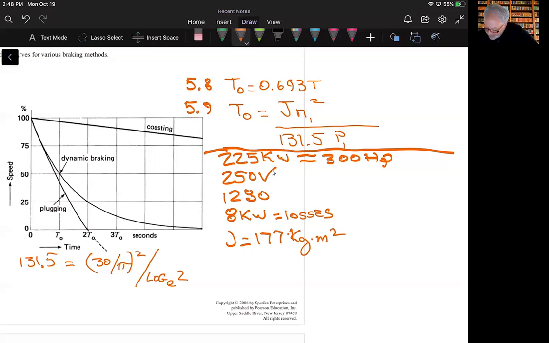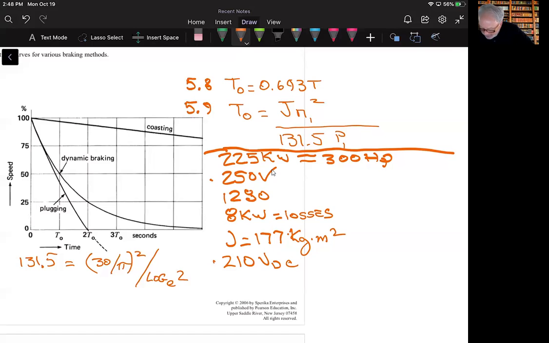And then the motor itself is connected to a 210 volt DC source. Now, you say, well, what's this if we're given that? Well, this is the motor rating, okay? This is name tag stuff. So it doesn't necessarily mean that that is what's connected to it. It's what you're capable of connecting to it.